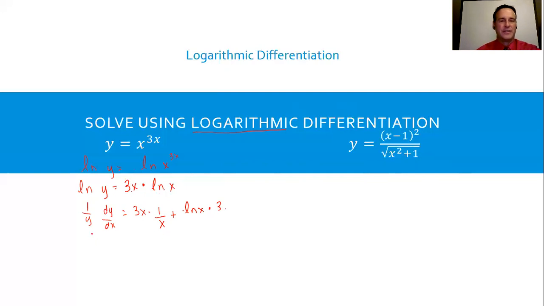And so let's see, I've got 1 over y. I'm going to clean this up a little bit. 3x times 1 over x is just 3. And this becomes just 3 natural log of x. And you're supposed to solve for your dy dx. Okay, so what I'm going to do is multiply both sides by a y.